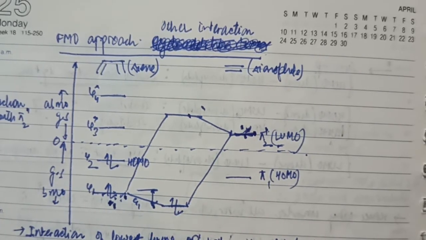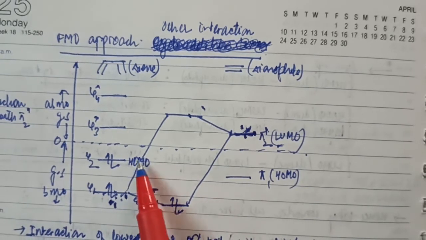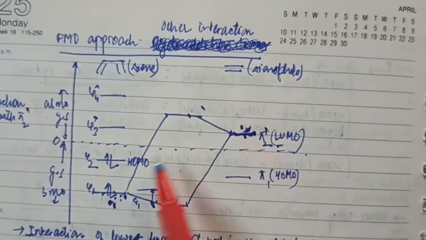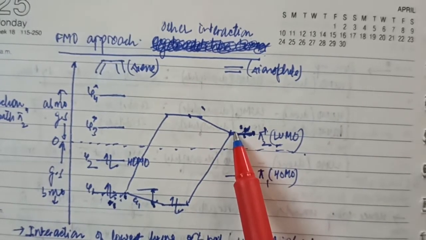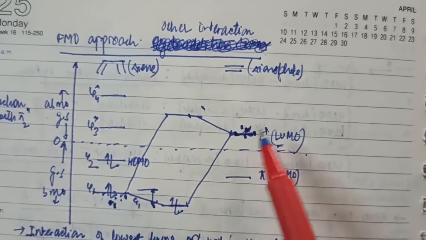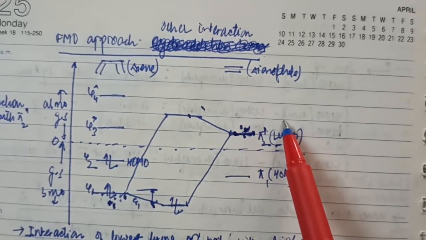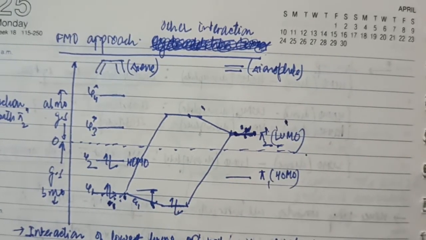Even though this interaction is stabilizing the system, the extent of stability provided is not as high as the interaction between the HOMO and the LUMO, where the energy gap is comparatively small. Therefore, we are also not considering this interaction, that is the interaction between the lower-lying filled orbitals and the vacant orbitals. This may be stabilizing, but the extent of stability provided is very less.